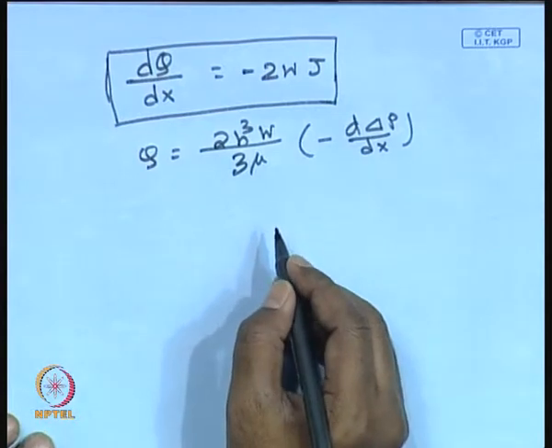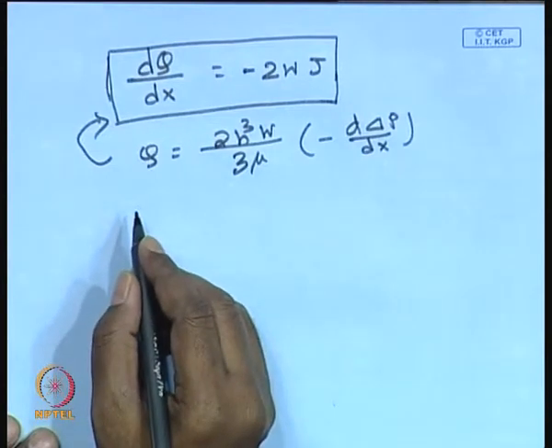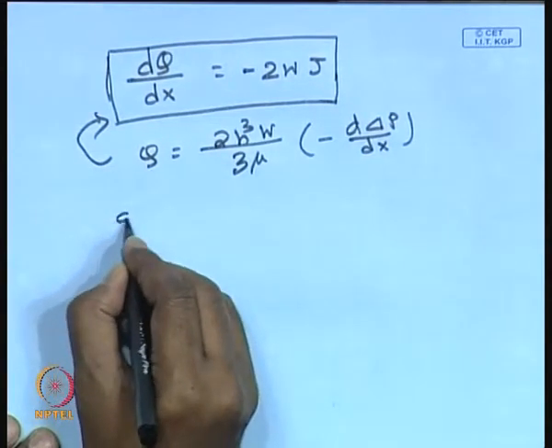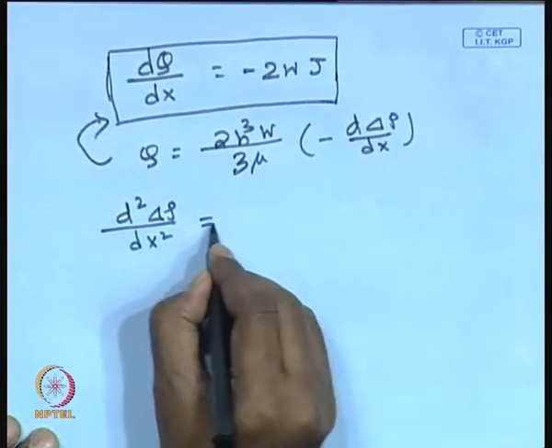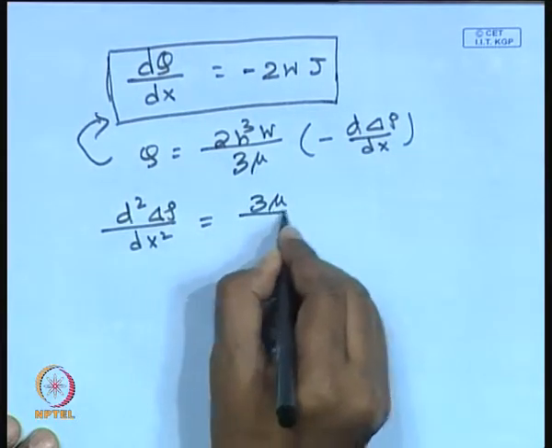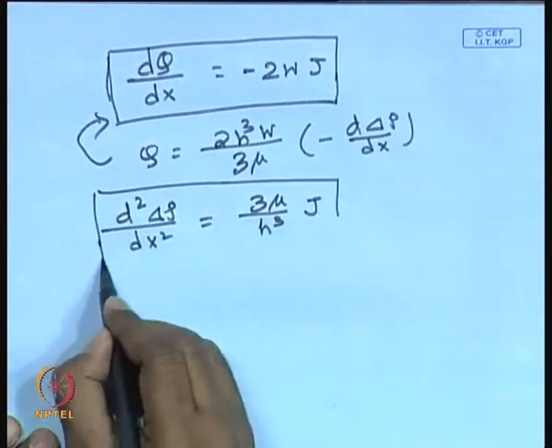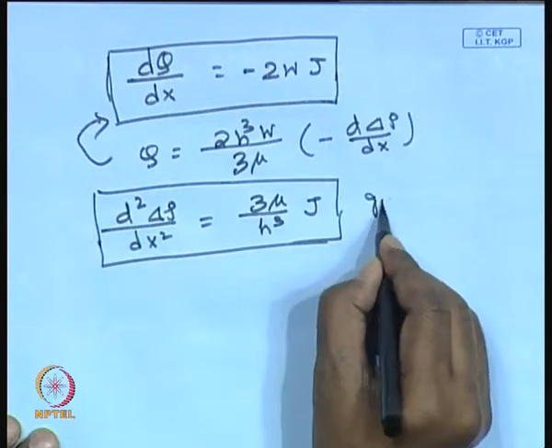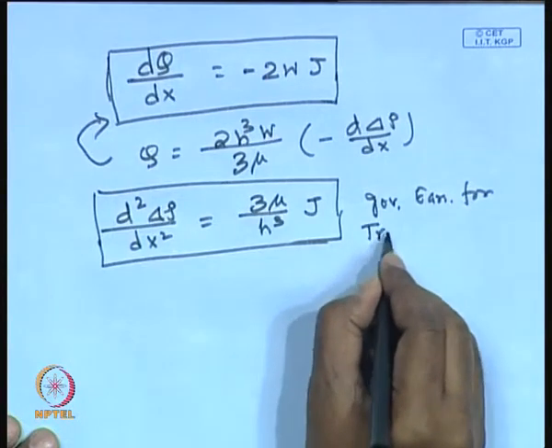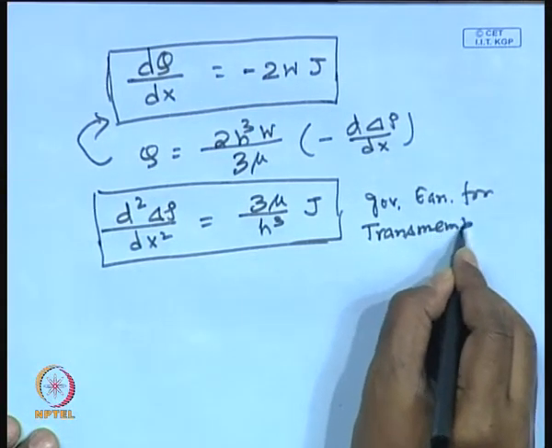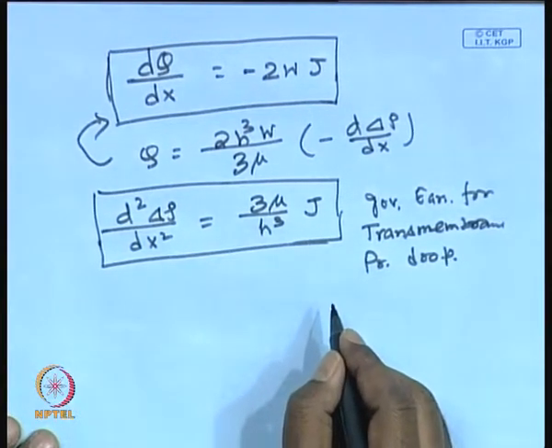You can substitute that here and you will get the governing equation: d square delta p by dx square is nothing but, the minus minus will be cancelled, 3 mu by h cube j. I think this is the governing equation for the transmembrane pressure drop along the length of the module.